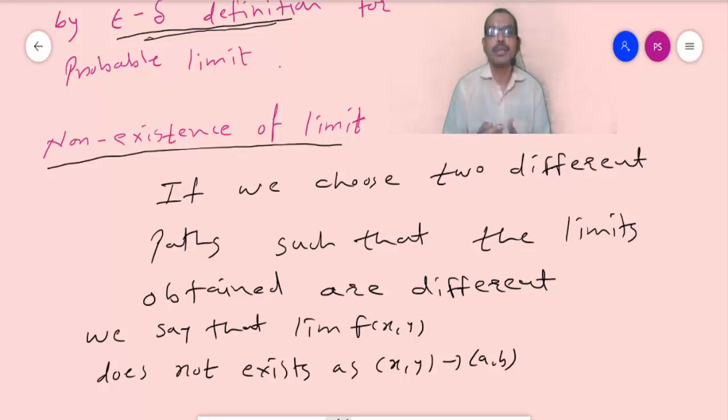So the limits are different, and we say that the limit of the function does not exist as (x, y) approaches (a, b).